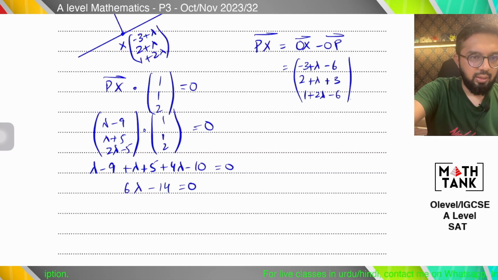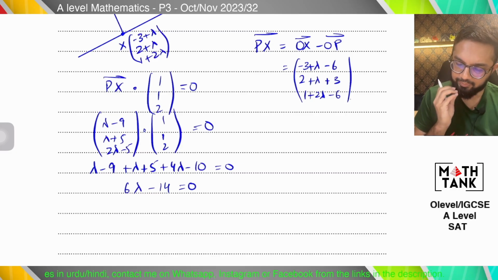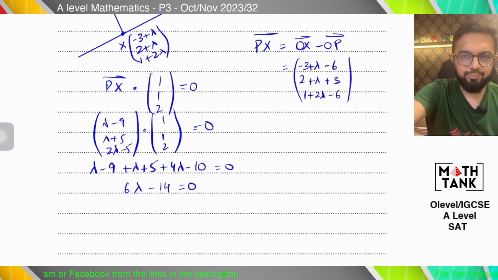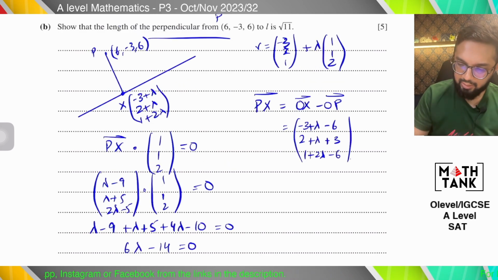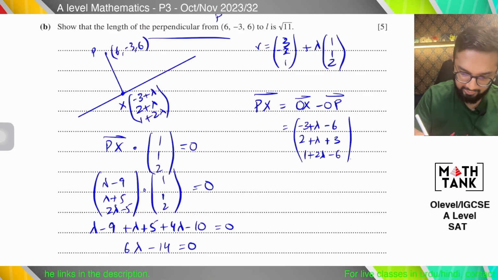Just checking if I am getting the correct value for lambda. I think I've made a mistake somewhere. Let me check. It should come out as 12 rather than 14. Yep, I've made a mistake right at the start. This is 3, minus 2 and 1. So that changes a lot of things.